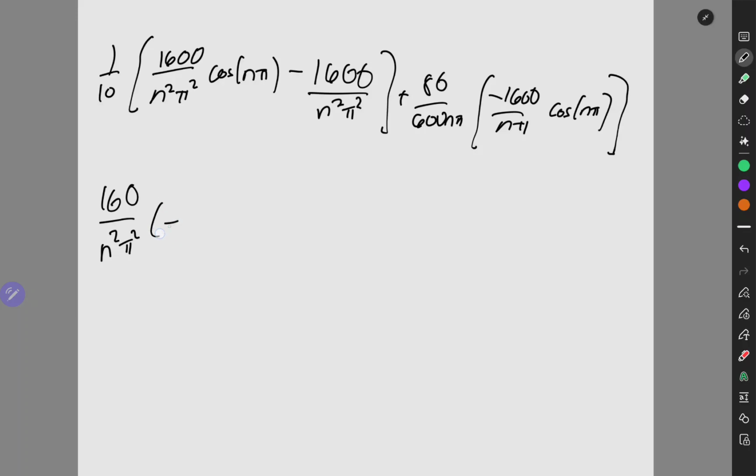Which we can rewrite as negative 1 to the n. It doesn't really matter for this problem. It's a very small simplification. If we had something like, oh wait, we do. Oh, this is actually very interesting. Let's not change that yet.